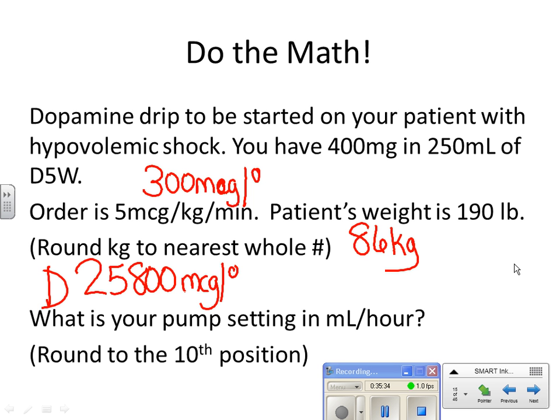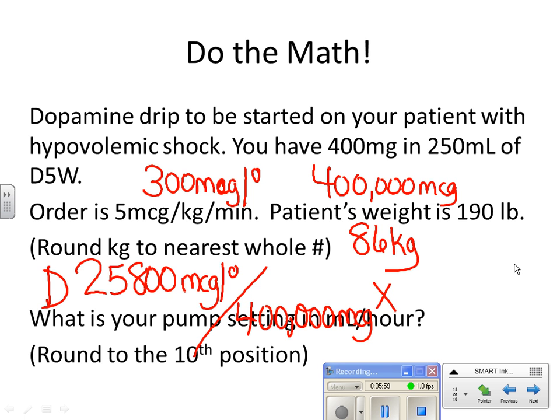So we have to move the decimal point how many places to the right? 3. So that's 400,000 micrograms. So our desired is 25,800 micrograms per hour. Our have is 400,000 micrograms. And our volume is 250 mLs, right?